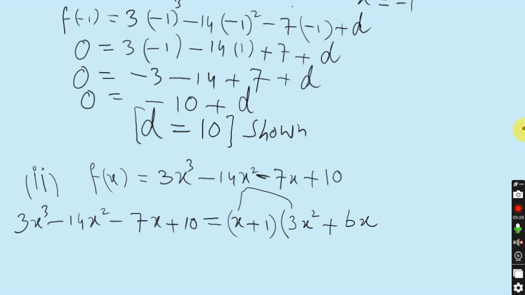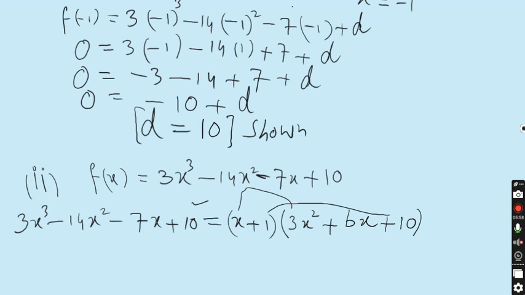When we multiply the third term by 1, we should get the last term, which is 10. So we have to put 10 over here. 10 times 1 gives 10. This is the method to factorize a cubic equation.